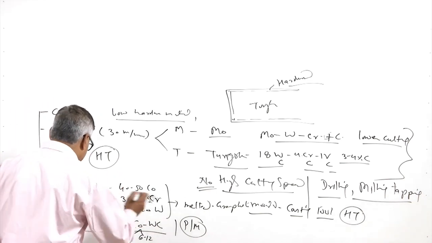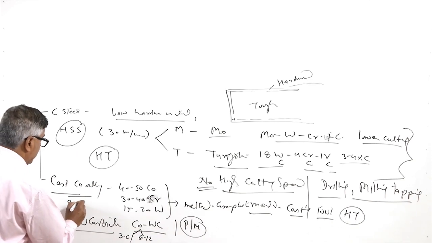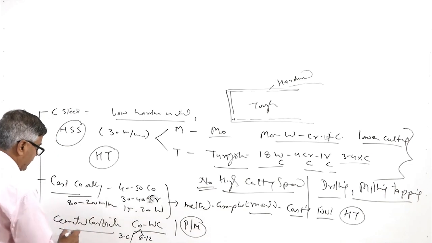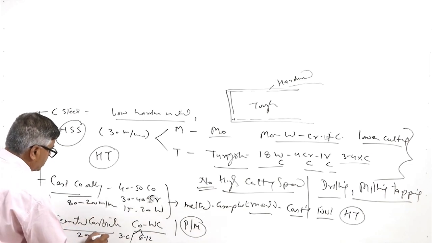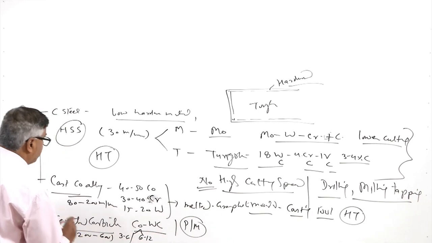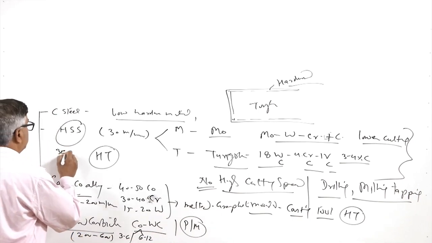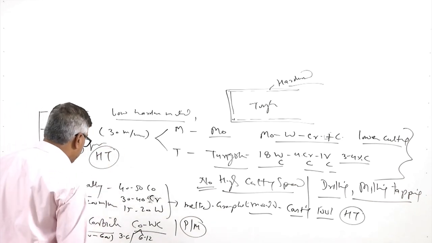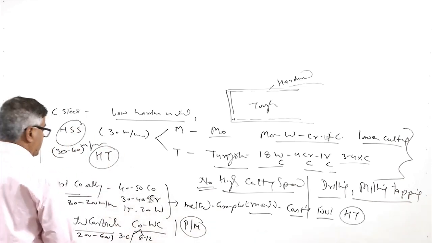So, cast cobalt alloy normal cutting speed is around say 80 to 200 meter per minute, while 200 to 600 on the higher side is used for the cemented carbide, while 30 to 60 is for the high speed steel in terms of the cutting speed meter per minute.